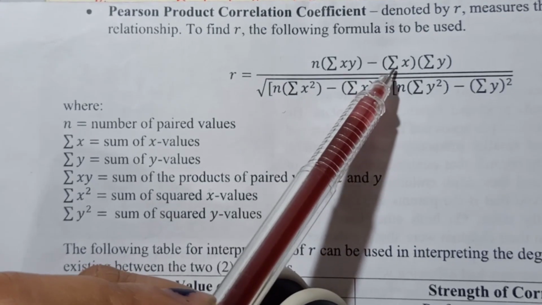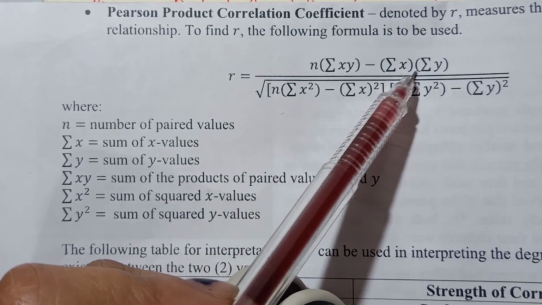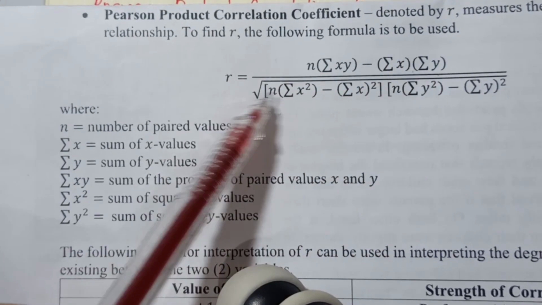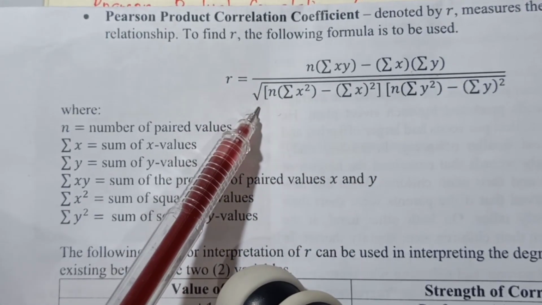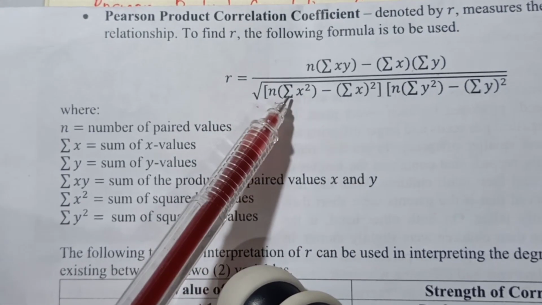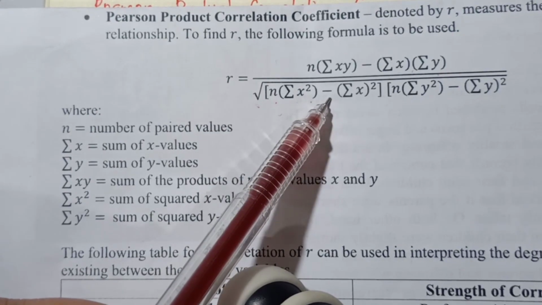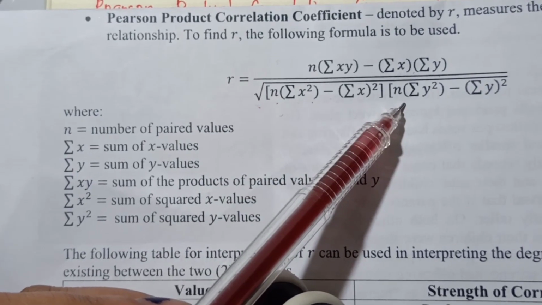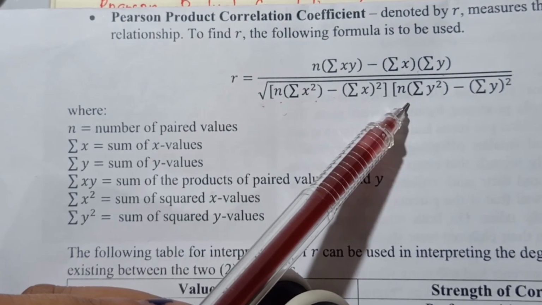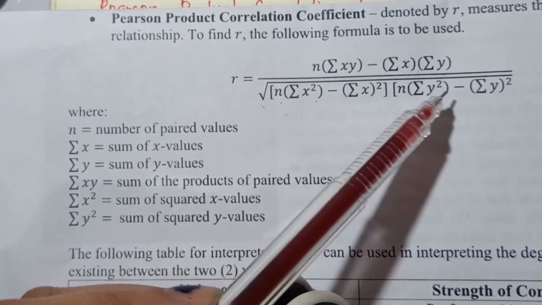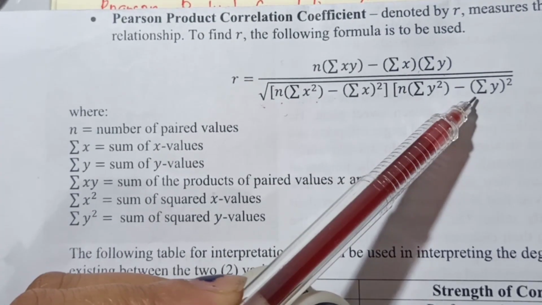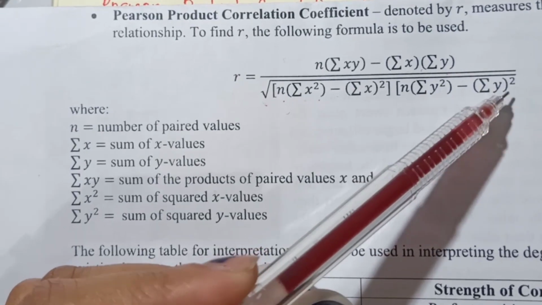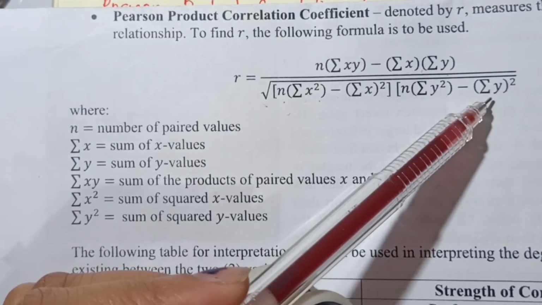Minus summation of X times summation of Y, all over the square root of N times the summation of x squared minus the square of summation of x, multiplied by the product of N and summation of y squared minus the square of summation of y.